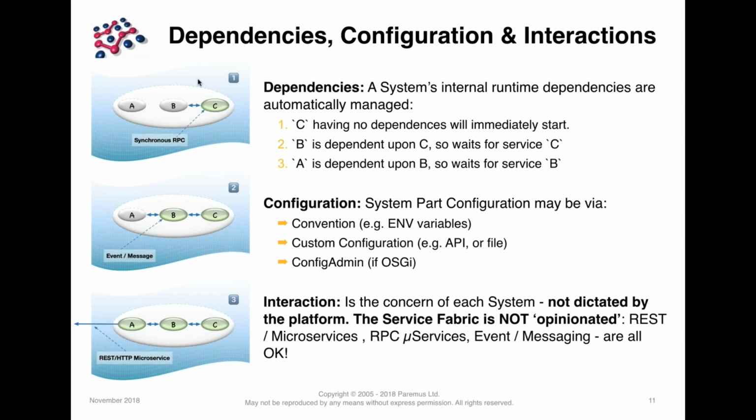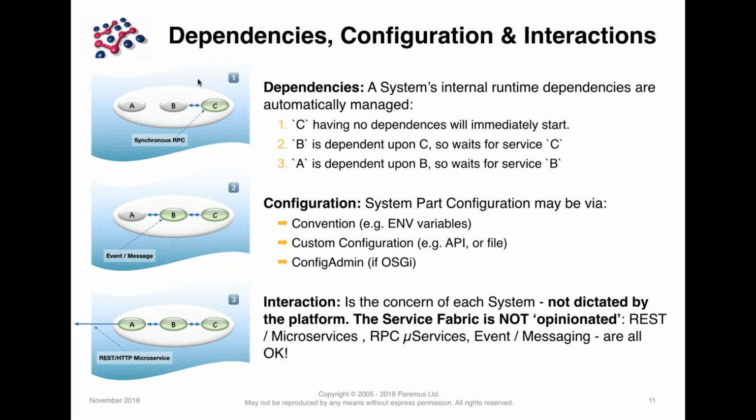Once C is running, system part B will start. And then once B is running, system part A will start, and the public service will be made available for the users. And so it doesn't matter how complicated the internal system dependencies are, the fabric will deal with ensuring that they're wired up in the correct order to ensure the correct behaviors in the runtime environment.